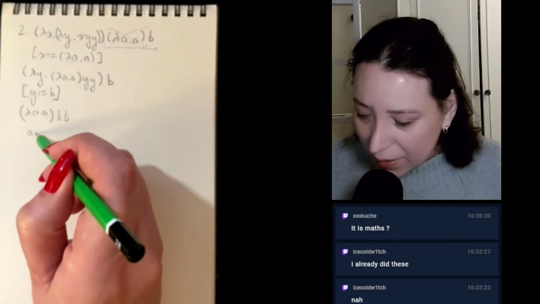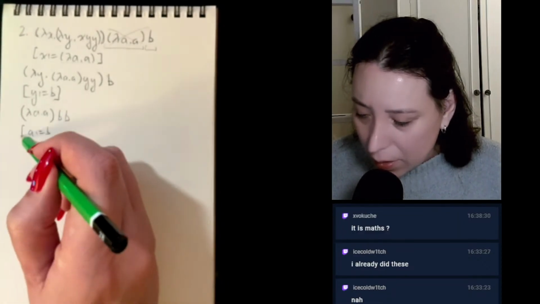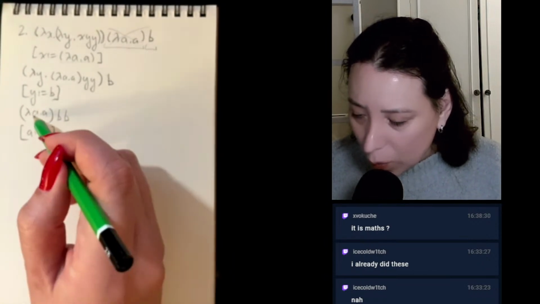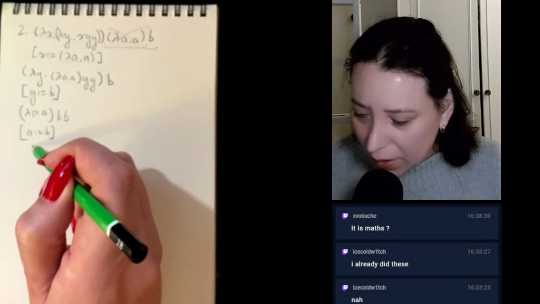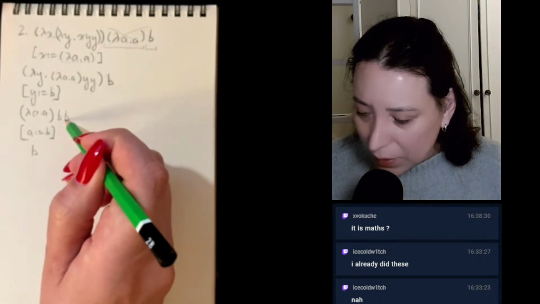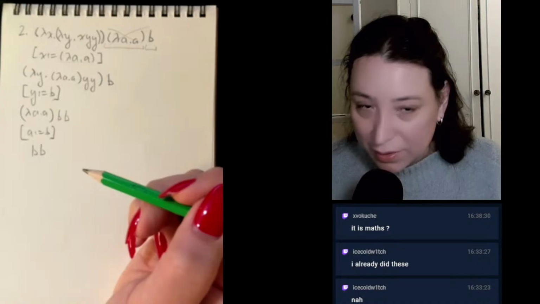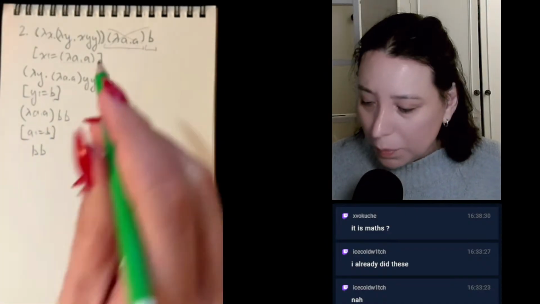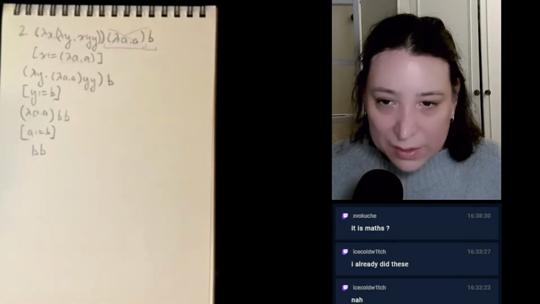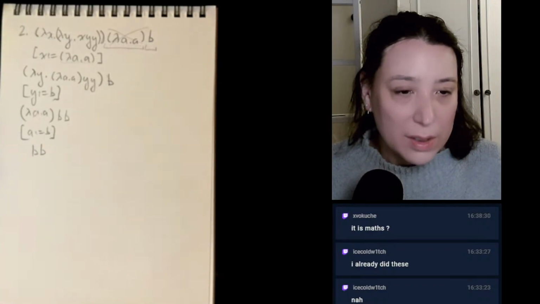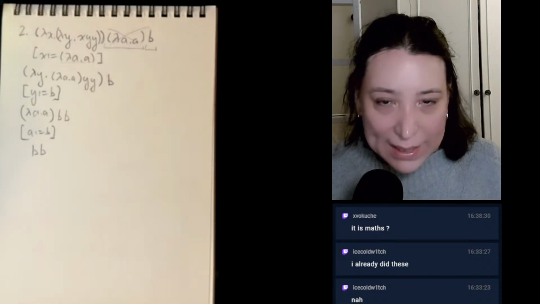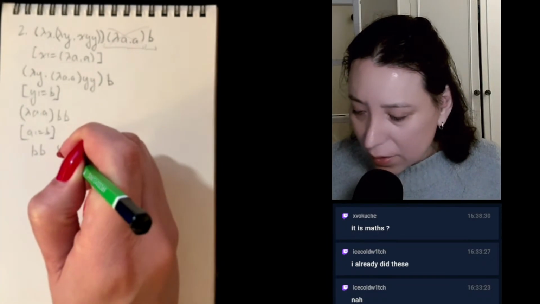So we say a is equal to b. And so we end up with b here, and this b still carries over, and the answer is bb. This is page 43. What's the answer on? Yep, that's the right answer. The answer is on page 46.